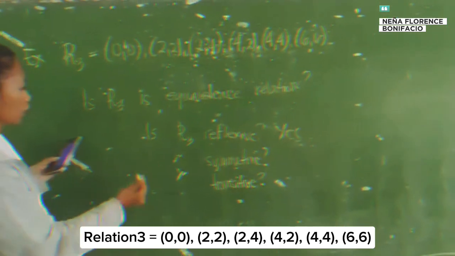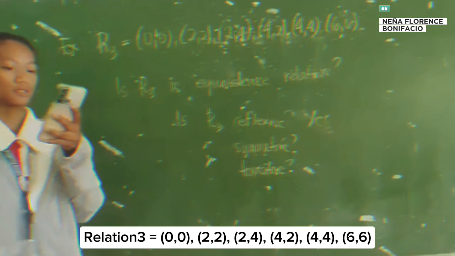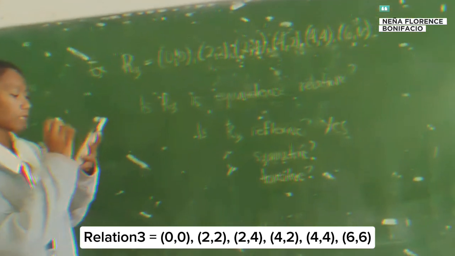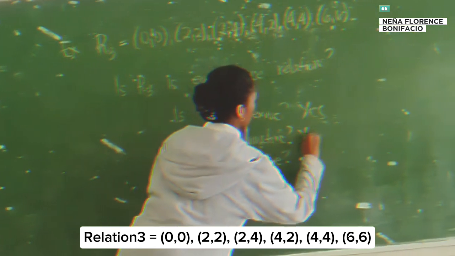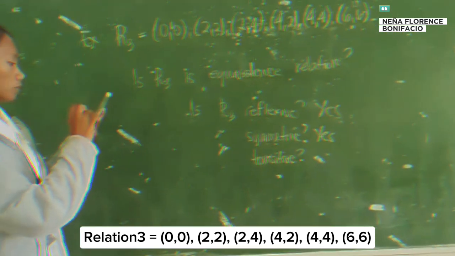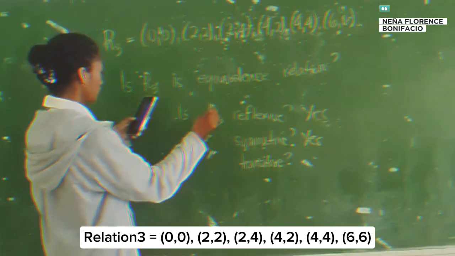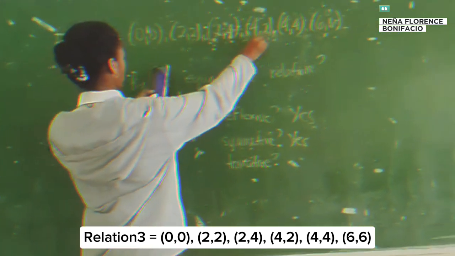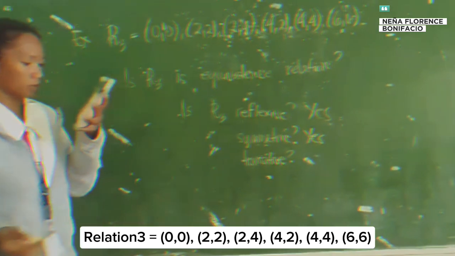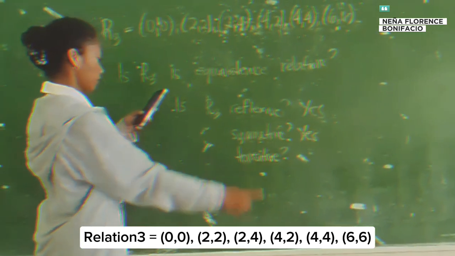So we have our second question: is relation 3 symmetric? Yes. For these ordered pairs, there is a (2,4) and a (4,2) to match. Is relation 3 transitive?